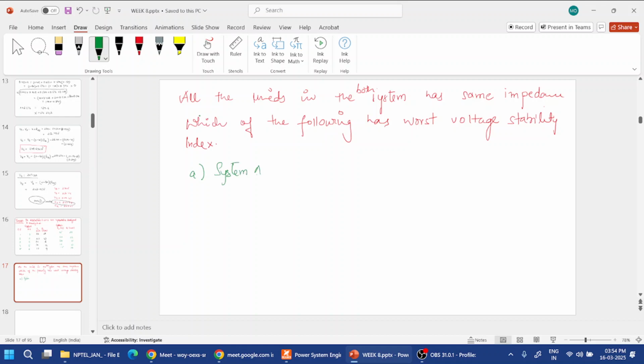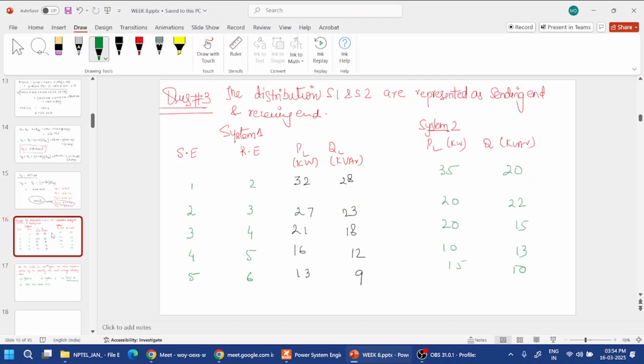A, system 1; B, system 2; C, cannot be determined; D, both have the same VSI. You have to give me the answer, all of you. A system is given, system 1 and 2, with loads connected to these receiving end nodes 2, 3, 4, 5, 6 as shown here.